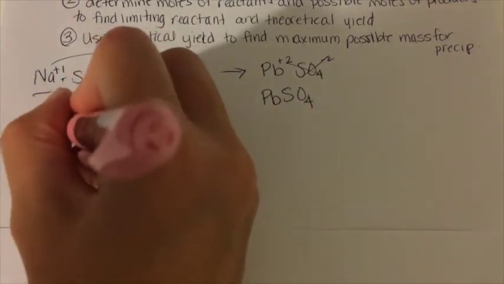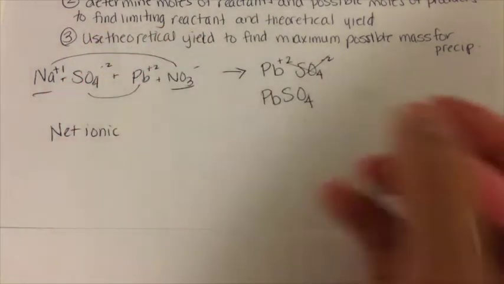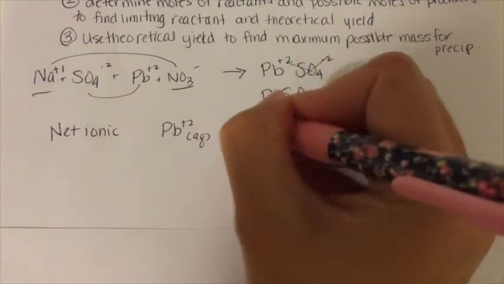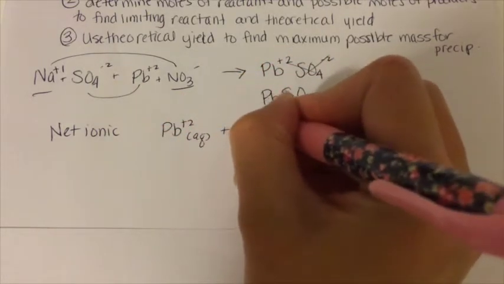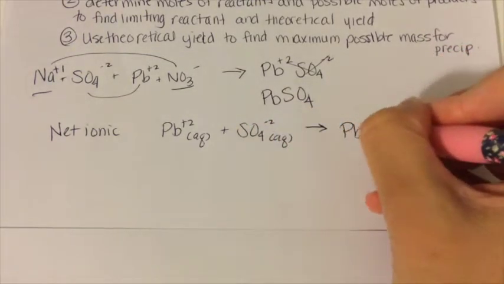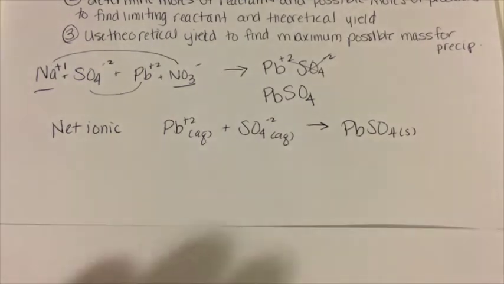So our net ionic equation is going to be Pb +2 aqueous plus SO4 -2 aqueous yields PbSO4 solid.